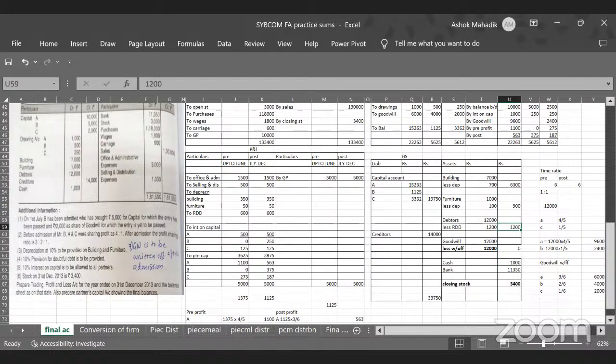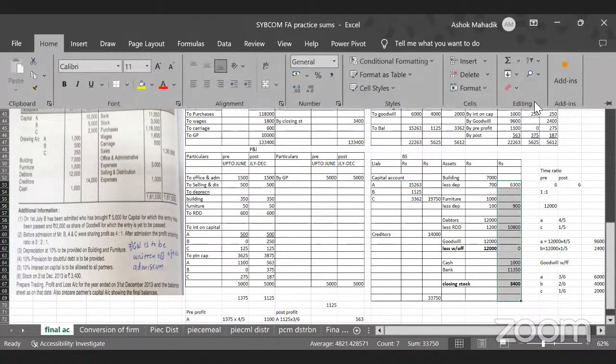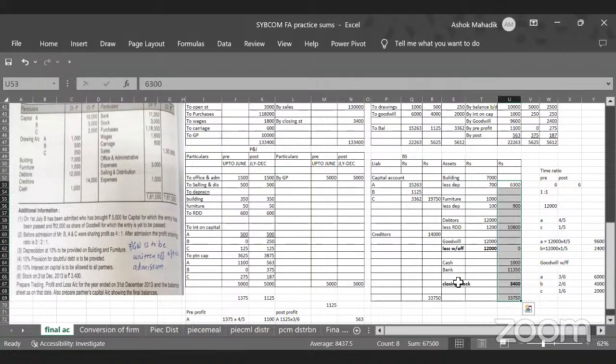Let me correct it. 12,000 minus 12 million. Yeah. So let me take the total of the asset side. Yeah, it's tallied. The sum has tallied.